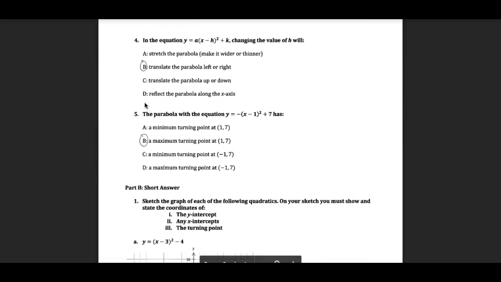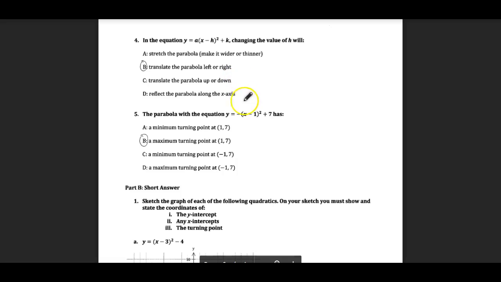Question 4. In the equation y equals a times x minus h squared plus k, what will the h be doing? So this is the h here. It moves it left or right, so hopefully you remember that.